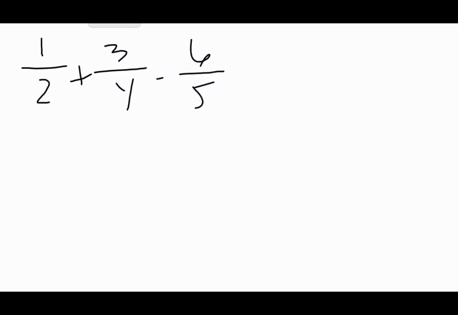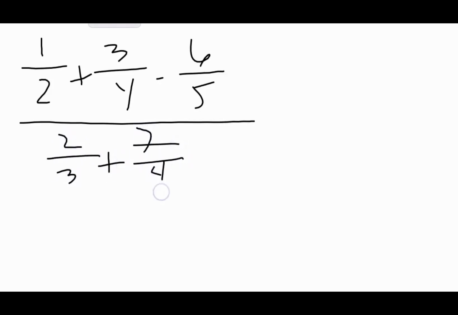This one, 1/2 plus 3/4 minus 6 over 5 divided by 2/3 plus 7 over 4. So, atong i-perform ang operation sa babaw, which is, you get the LCD, that's 20. 20 divide 2, that's 10.